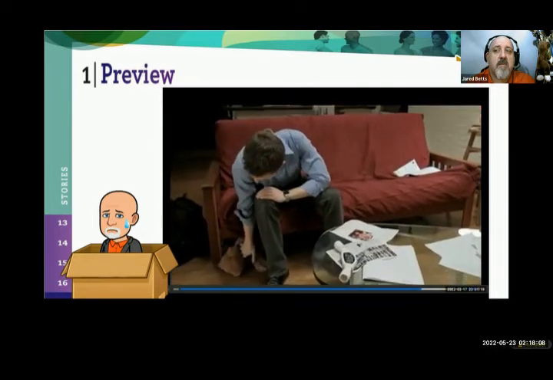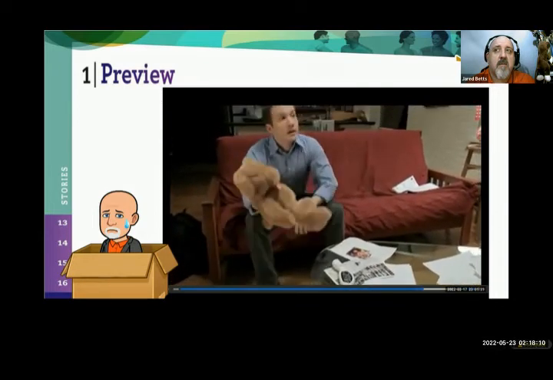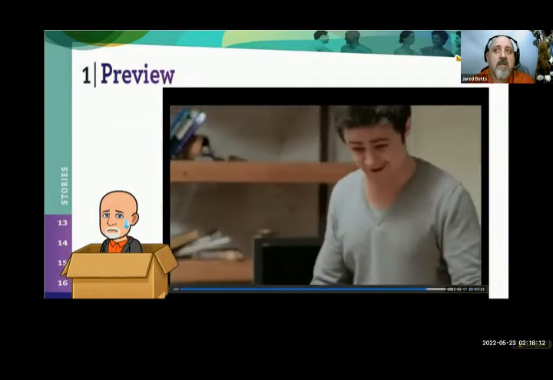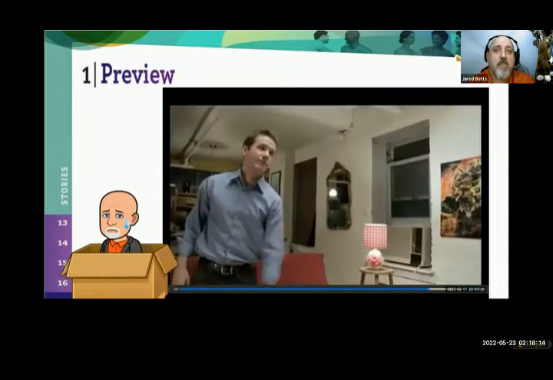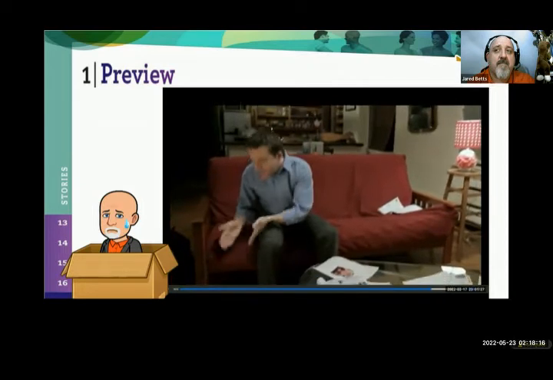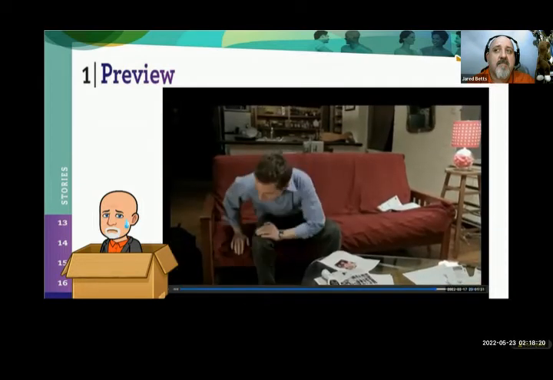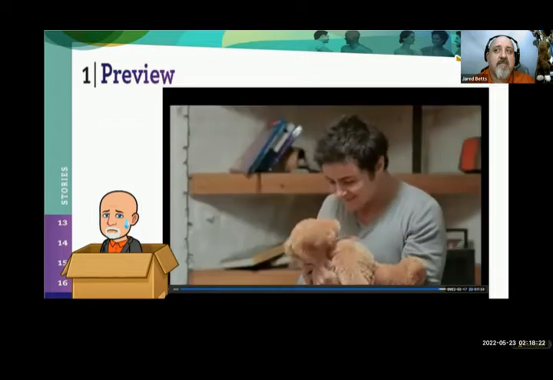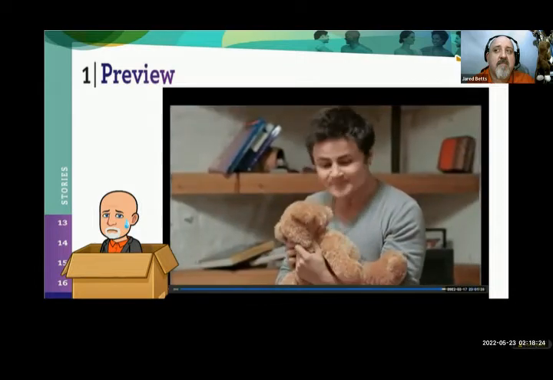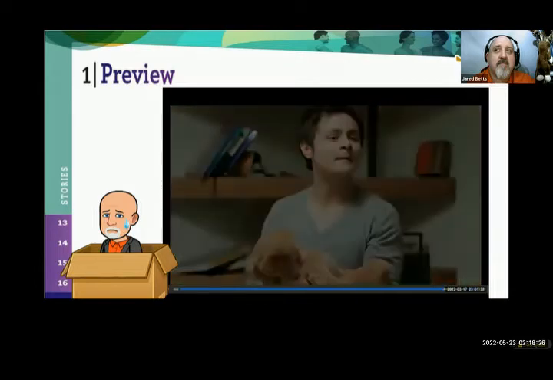Eric, is this Brownie? Yes. It was underneath the sofa. How did it get there? Tom? All that for a teddy bear.